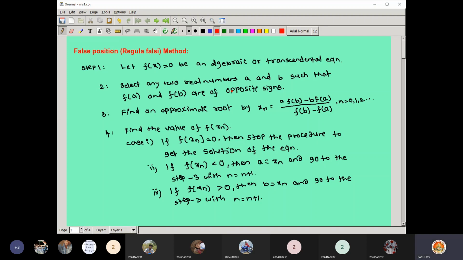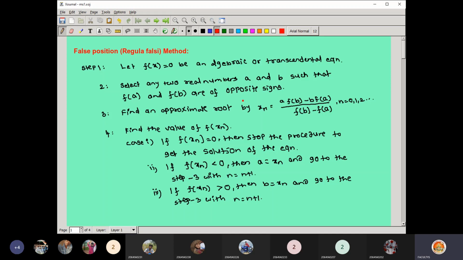Step number 2, same procedure: select any two real numbers, small a and small b, such that f of a and f of b are of opposite signs.